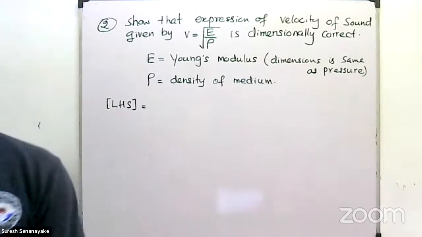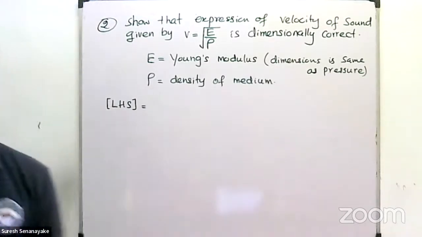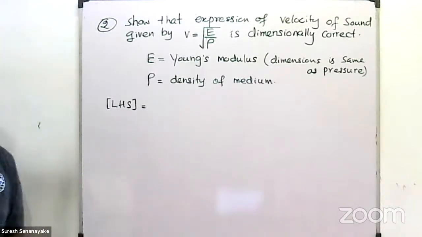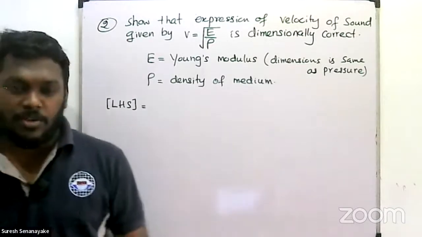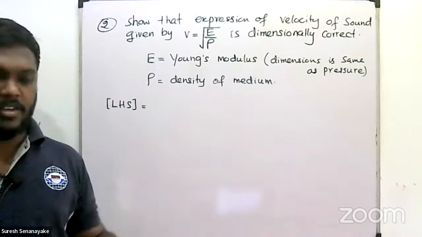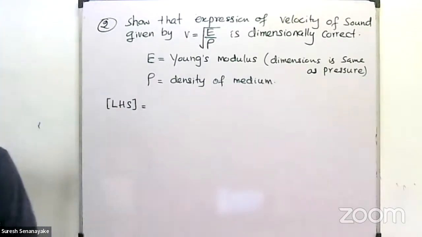If the dimensions are not matched, then you can say it's a dimensionally wrong equation. Dimensionally wrong means it's a wrong equation, so you don't need to write the wrong way. But if it's dimensionally correct, we can't say it's correct, only dimensionally correct. If an equation is correct, it should be dimensionally correct.